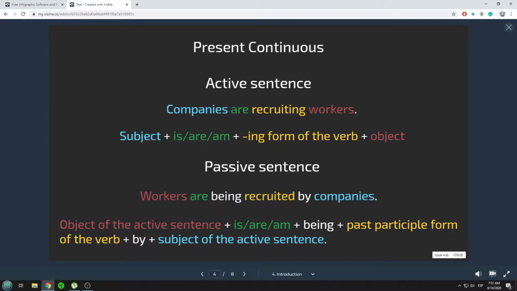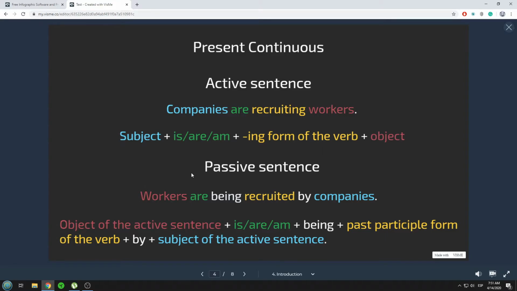Companies are recruiting workers. This is an active sentence. The passive sentence of this is: workers are being recruited by companies. So what happened? This is the formula. The object of the active sentence becomes the subject in the passive sentence.